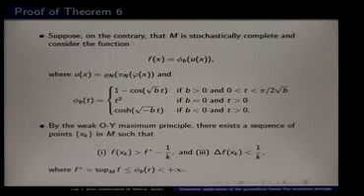Since we are assuming that M is stochastically complete, we may apply the weak maximum principle, and by the weak maximum principle there is a sequence of points satisfying condition 1 and condition 3 for the function f, which is bounded from above by this quantity here.